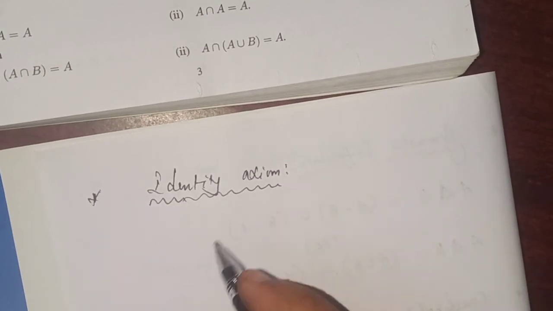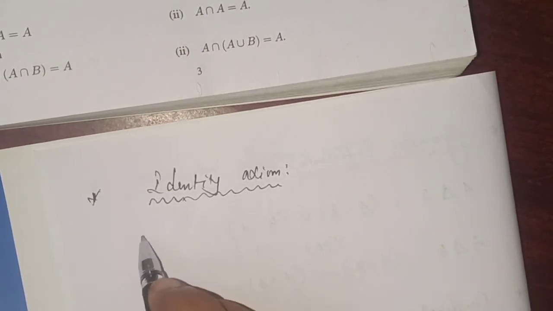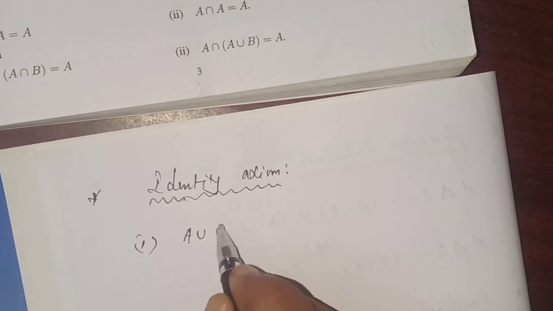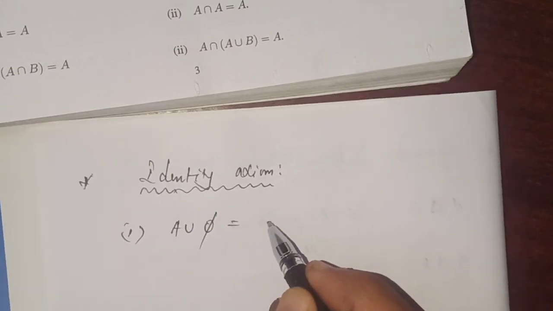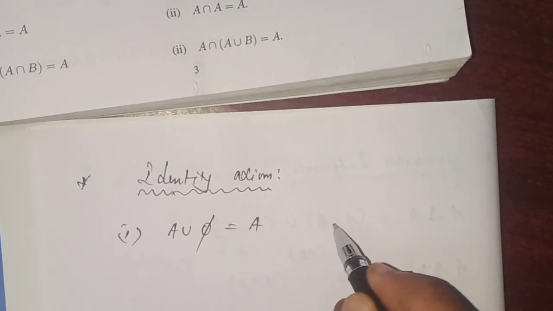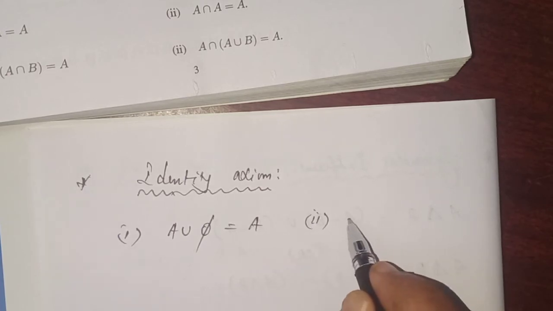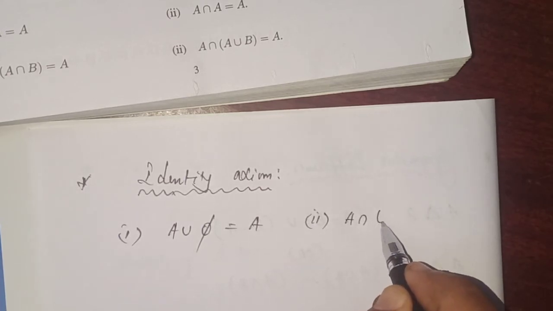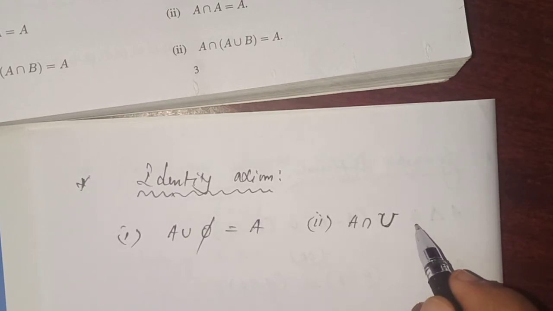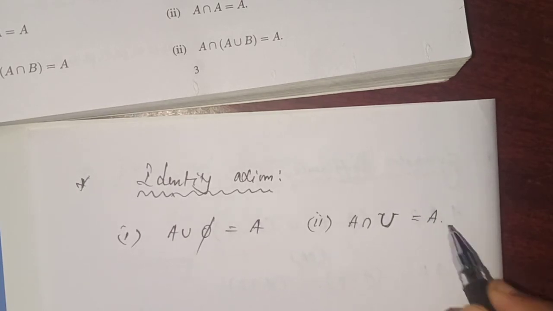That's a property only. So what is given? First one, A union empty set is equal to A, and second one, A intersection universal set. Universal set, that is also A.